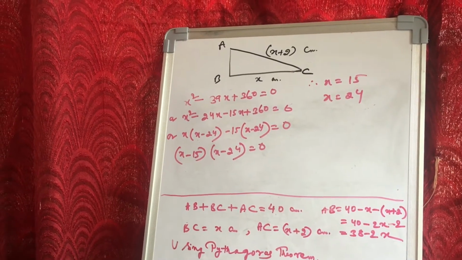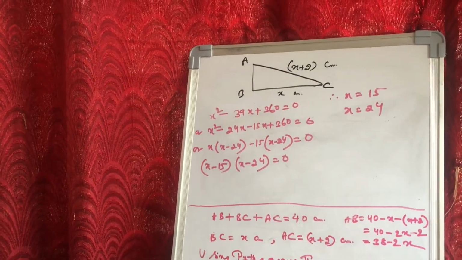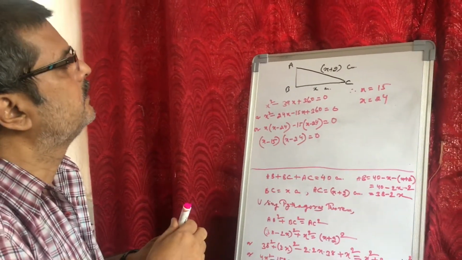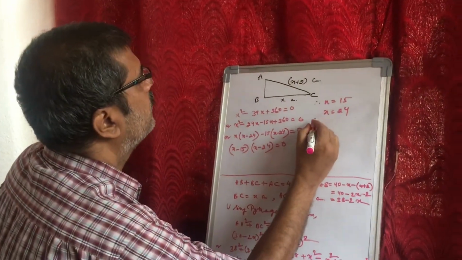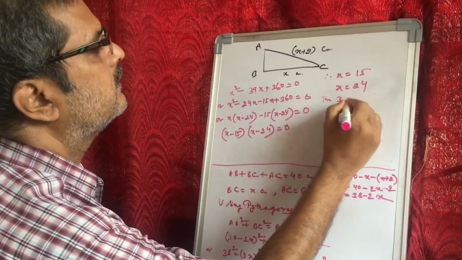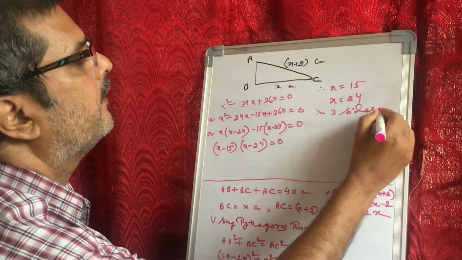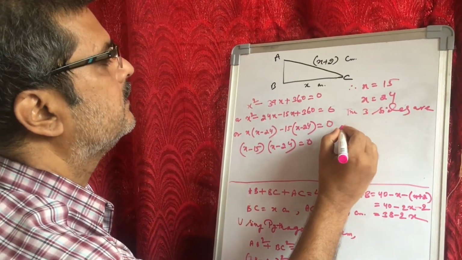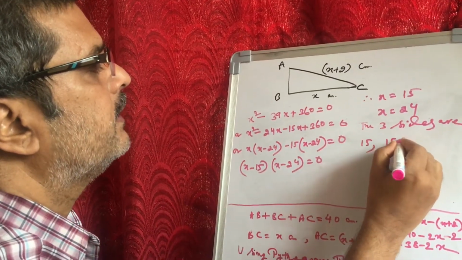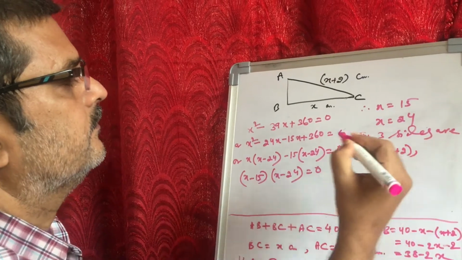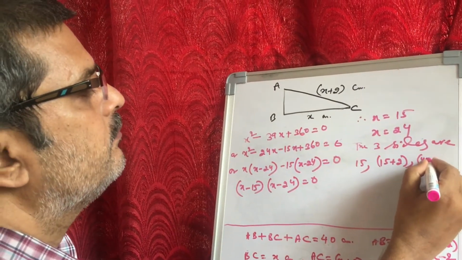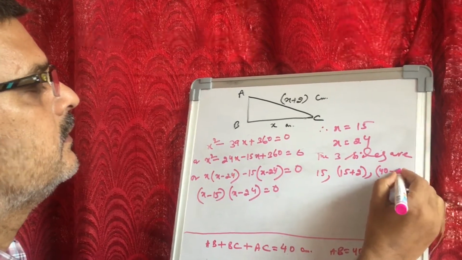Right? So the three sides are 15, x plus 2, and 40 minus 2x minus 2.